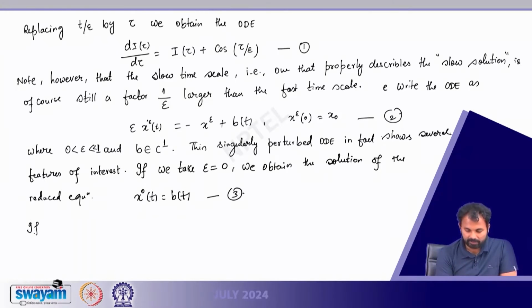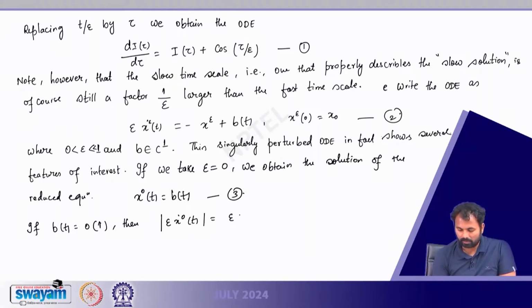If b of t is of order 1, then epsilon times x dot 0 of t equals epsilon times b dot of t. That means we are taking the derivative.